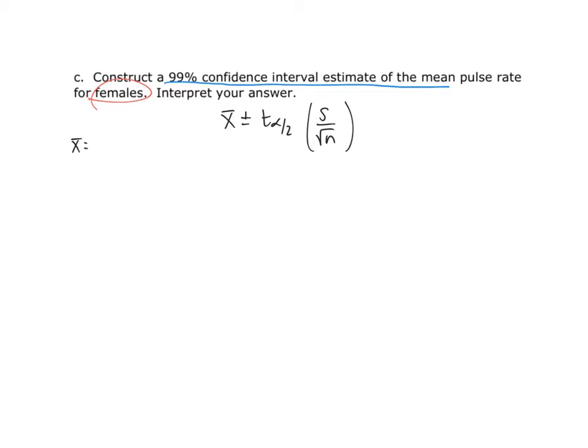X bar for females was 75.9, and the standard deviation for females was 11.12. We had the same sample size of 41, and we're constructing a 99% confidence interval, so we still have alpha equals 0.01.